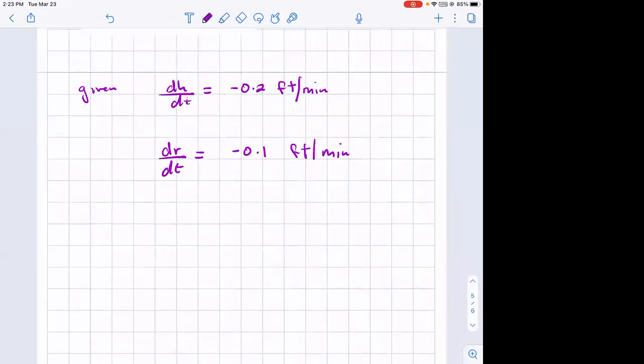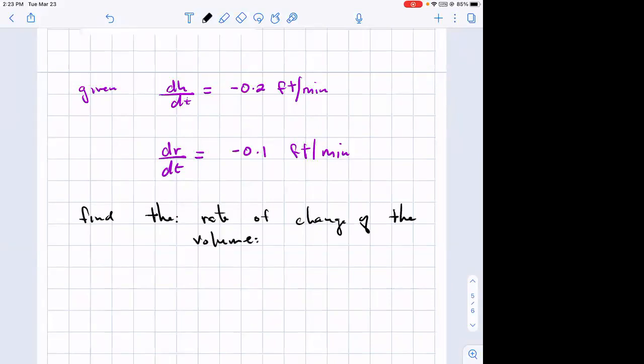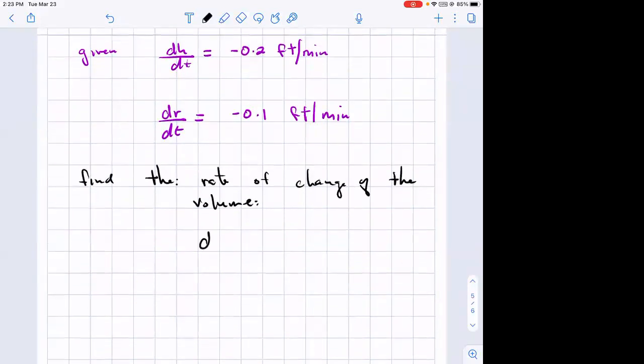So we want to find the rate of change of the volume, and that is dV/dt.